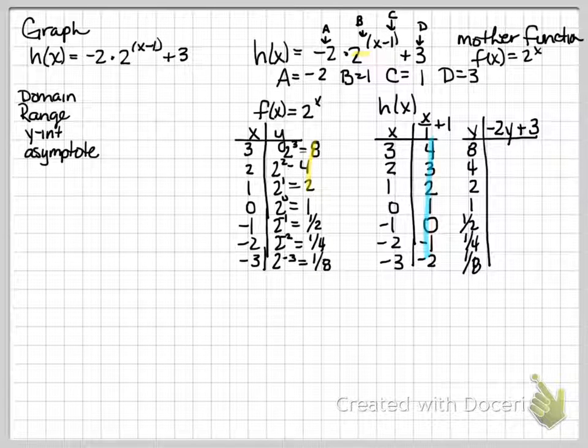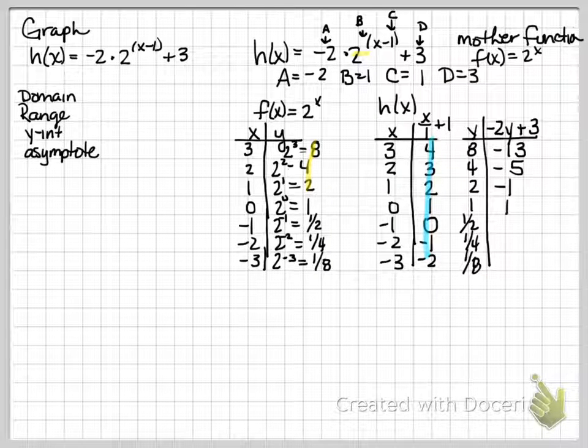So 8 times negative 2 is negative 16, plus 3 is negative 13. 4 times negative 2 is negative 8, plus 3 is negative 5. 2 times negative 2 plus 3 is negative 1. 1 times negative 2 plus 3, oh, did I mess up?